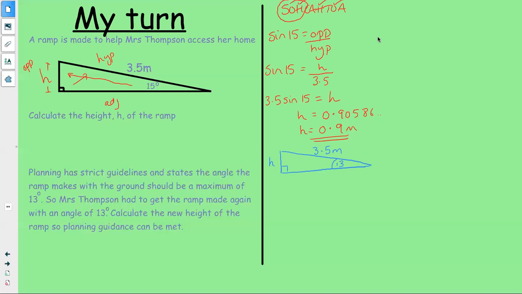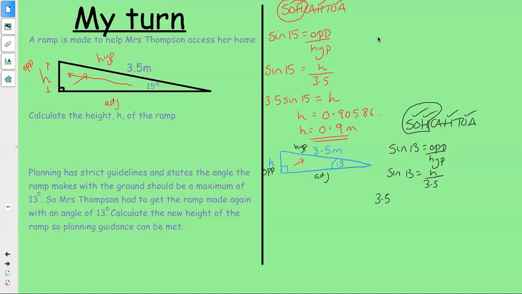So, label your sides. Hypotenuse, opposite, adjacent, SOHCAHTOA. I know the hypotenuse, and I want to work out the opposite. So it's the same ratio that we did for question 1. Sin 13 is opposite over hypotenuse. Sin 13 equals h over 3.5.